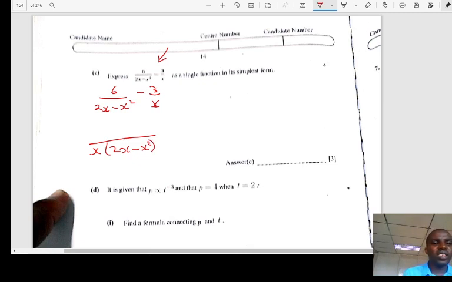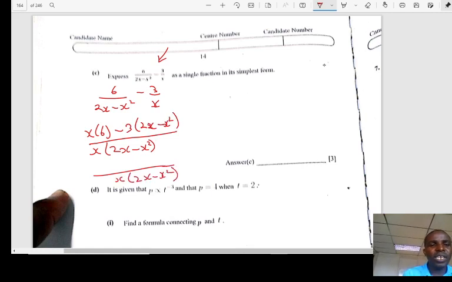Then 2x minus x squared into this one. What do you get? It will cancel 2x minus x squared, then you'll be left with x, then x will multiply the 6 on the numerator, then minus x into this one, you'll be left with 2x minus x squared, it will multiply 3, the numerator there, then here you maintain your denominator x squared here, then 6 times x is 6x, then remove the bracket, minus 6x plus 3x squared, then 6x minus 6x, 0.